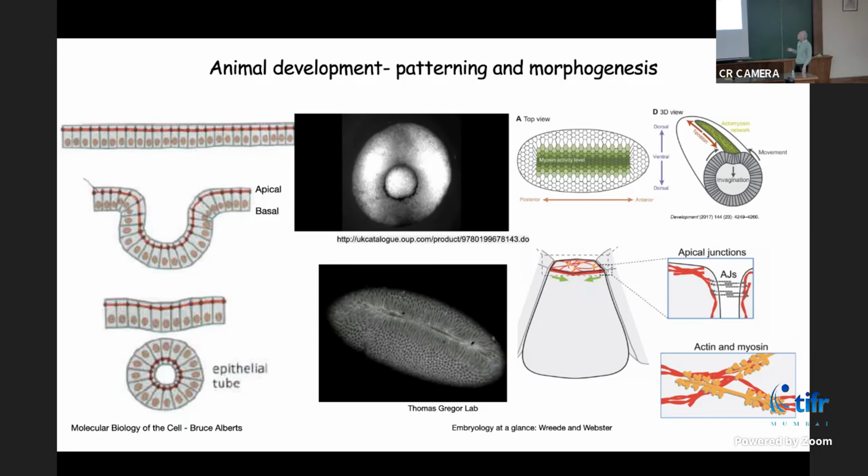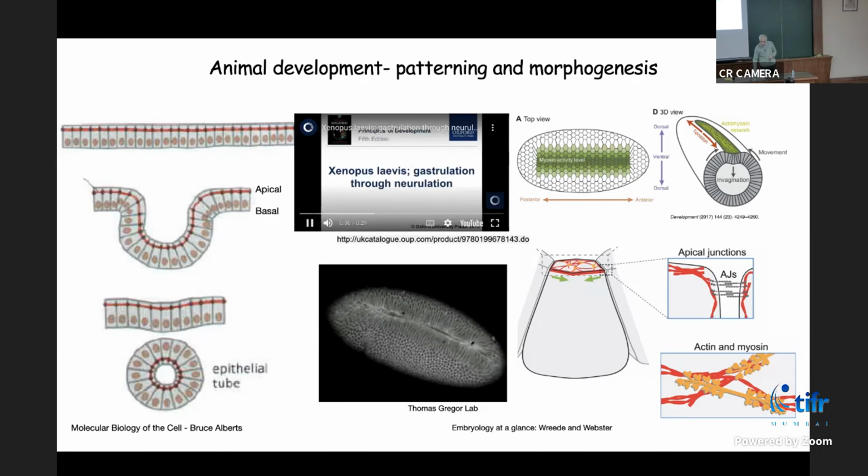Now this morphology is not unique to developmental systems, to these morphogenetic processes, but this epithelial organization also exists in the tissues, in the organ systems as well.